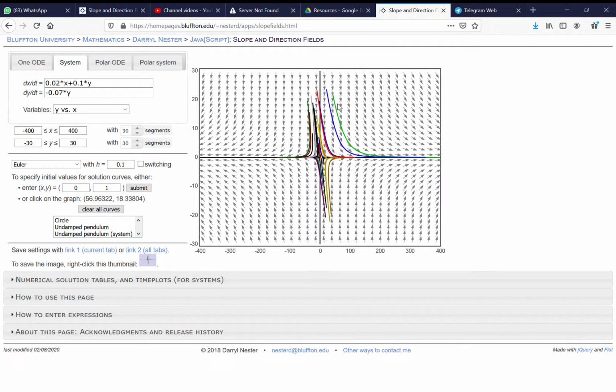The arrow means increasing t. In this region the arrow goes downward, then moves to the right. It will begin with a certain value, which is the initial condition.